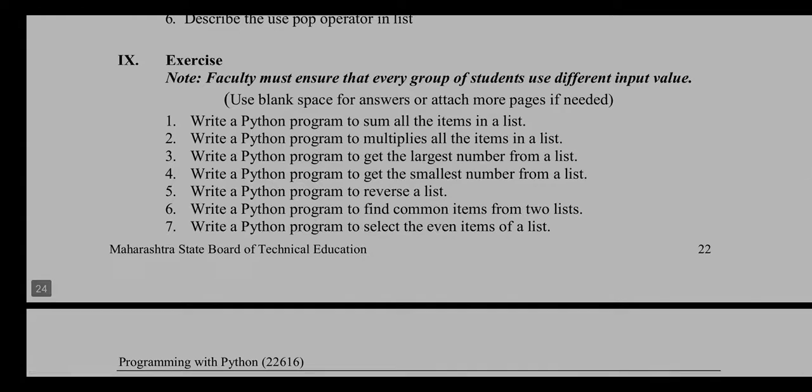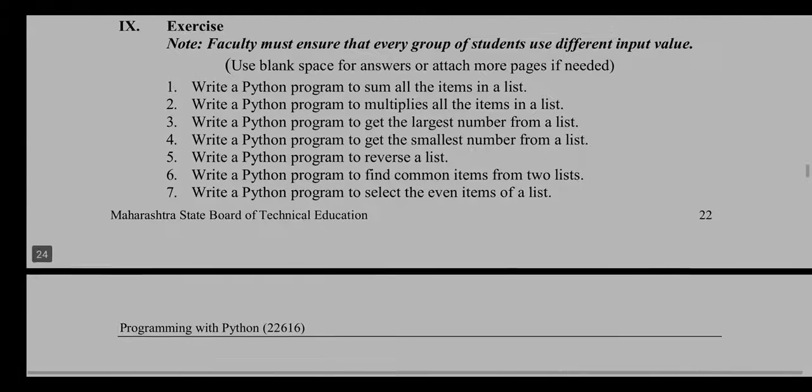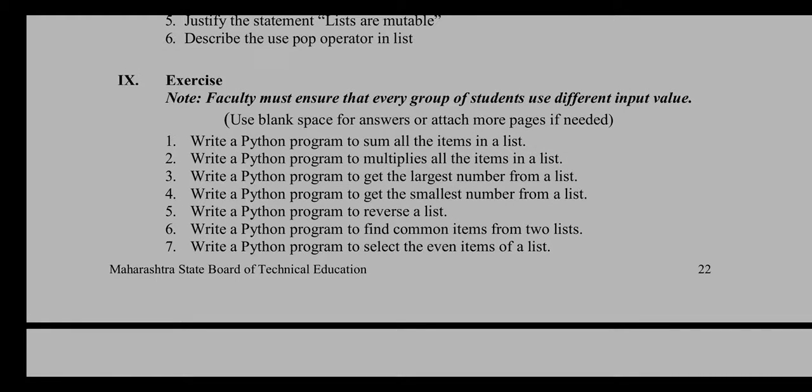So here there is an exercise. You have to perform all these programs. All these 7 programs, you have to perform them, and you have to send the screenshot of that particular output to my personal WhatsApp chat.